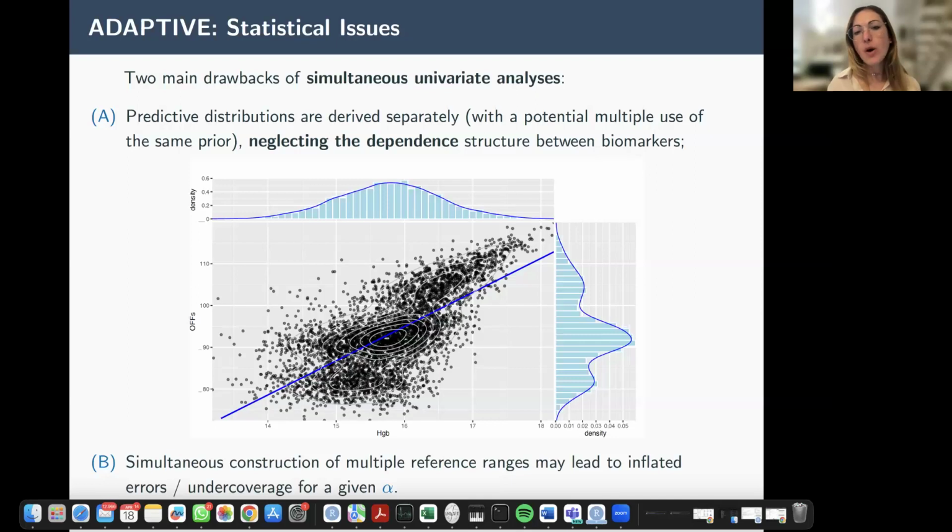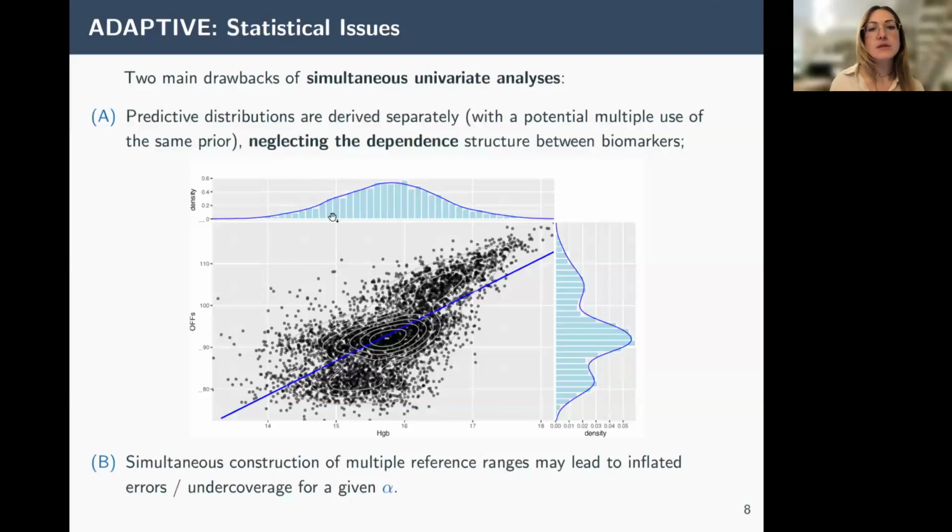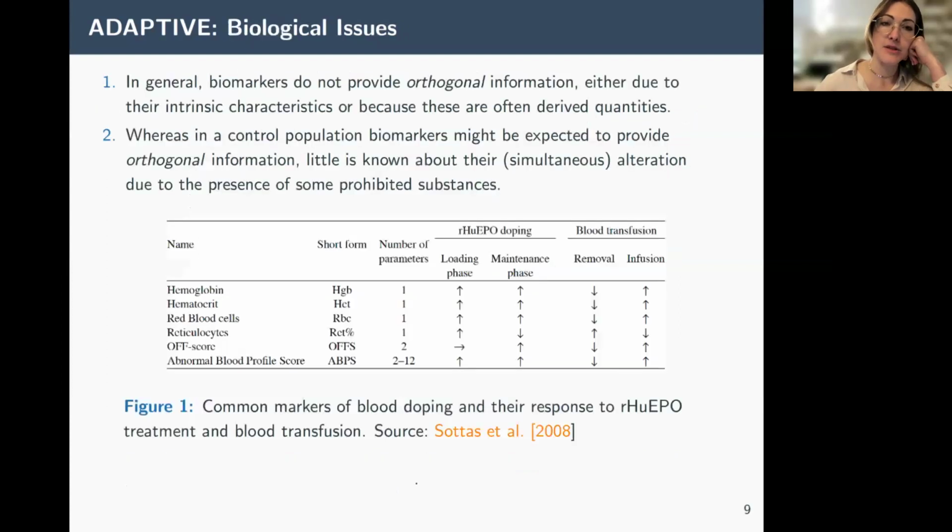So it shows some complex dependence structure. In addition, it shows some distributions which, for example, in this case, are far away from the simple normal distribution. So perhaps it will be more similar to some mixture of normal distributions. So these are basically some of the main statistical limitations.